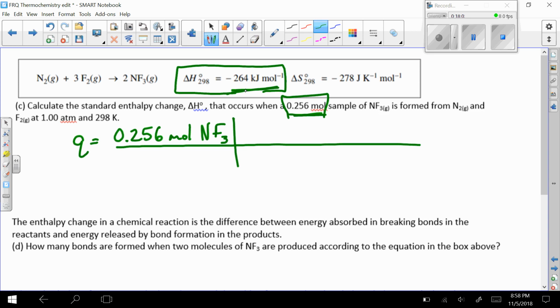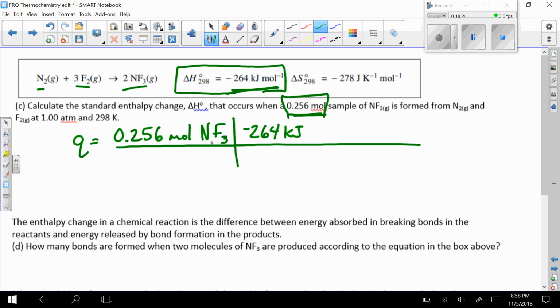What that means is whenever 1 mole of this reacts, or 3 moles of this reacts, or 2 moles of this is formed, then 264 kilojoules are released, and that's what the negative means.